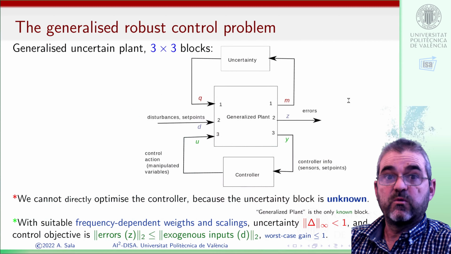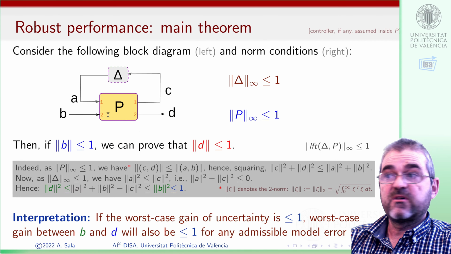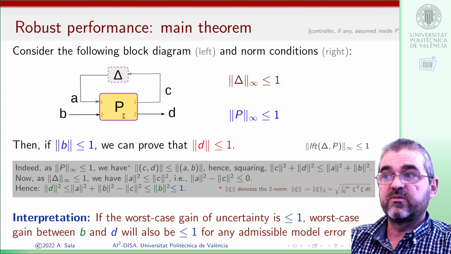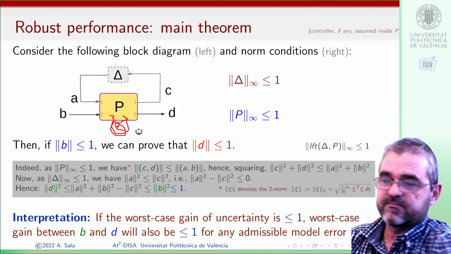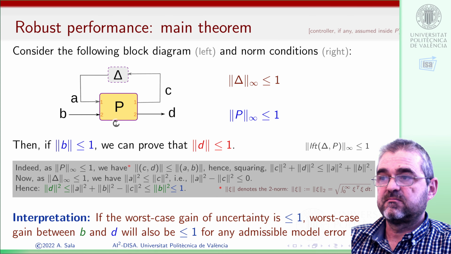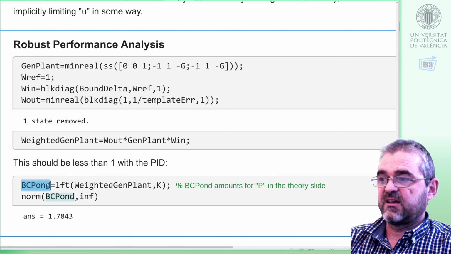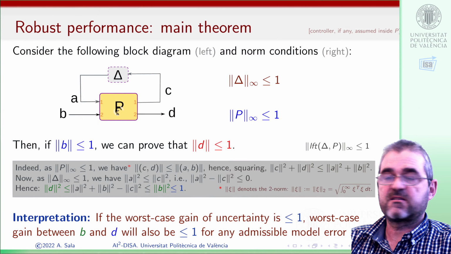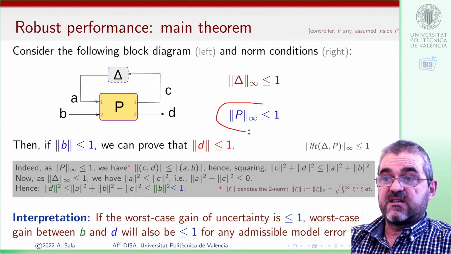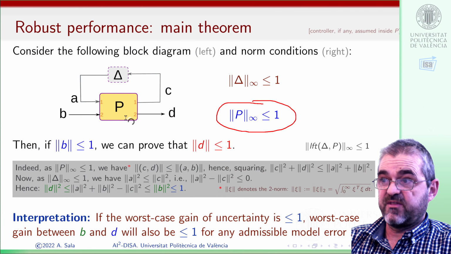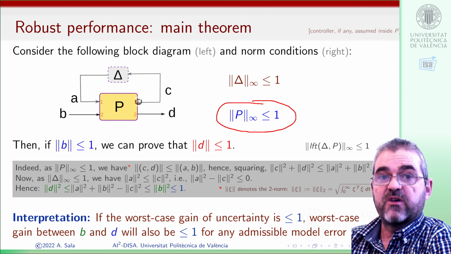So now we have this, and in order to apply this theorem, we just need to close the loop of the 3 subcomponents, and that will be P. So this is it, we close the lower loop, and we have this, it's this capital P here. And this theorem says that if the infinity norm of this thing is less than 1, then we have proved robust performance.